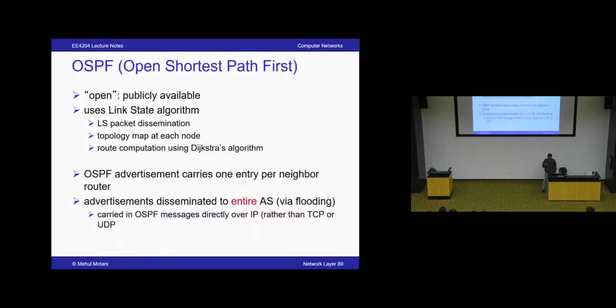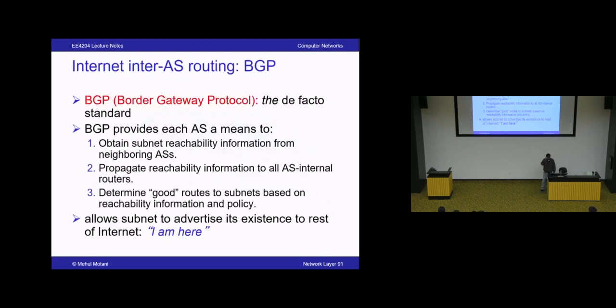Open Shortest Path First, again, is just link state. And I mentioned to you that before you run link state, you need to know the topology. So those are done as broadcasting these advertisements, essentially flooding. So those were intra. Inter is BGP.